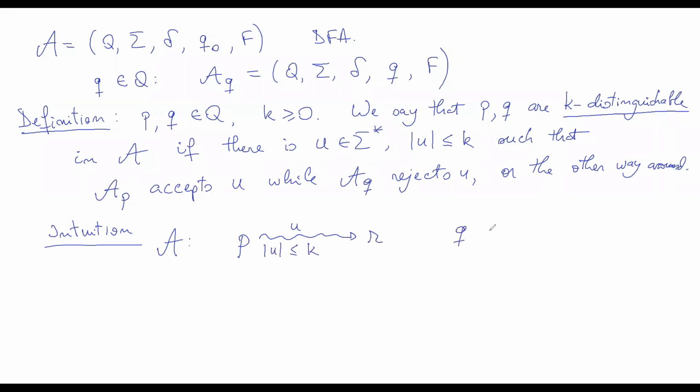And you also have a computation obviously from Q going with the same input word and going to some state S. And so you will say that P and Q are k distinguishable if there is a word U of length at most k that makes a distinction between these two computations.